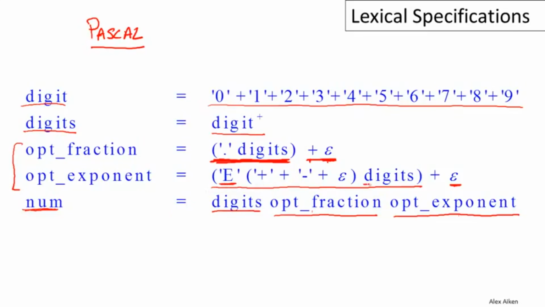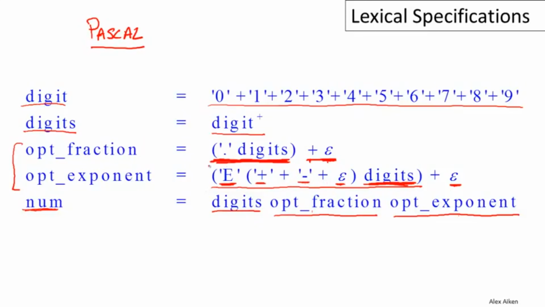And it always has a non-empty string of digits. So there's e followed by some digits, and in between, there's an optional sign. We know the sign is optional because epsilon is one of the possibilities. The whole sign might be absent. And then what are the possibilities for the sign? Well, it could be negative or it could be positive. So either there's a positive or negative sign or no sign, in which case, presumably, it's interpreted to be positive.